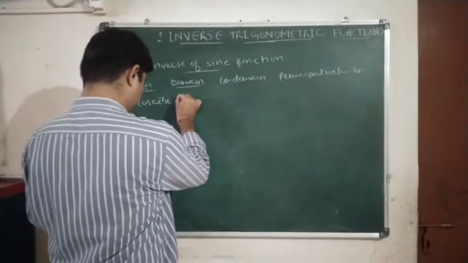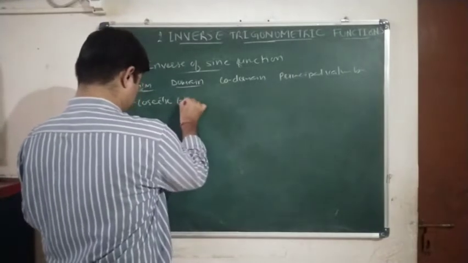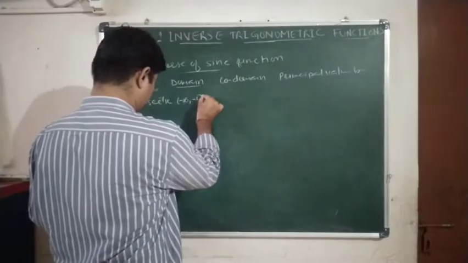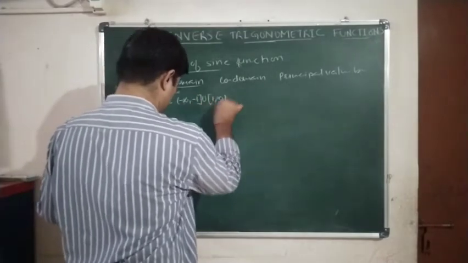Okay, the domain will be minus infinity to minus 1 union 1 to infinity.